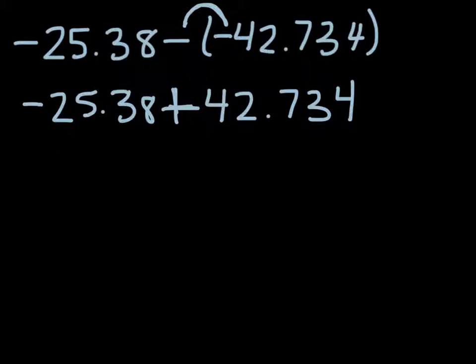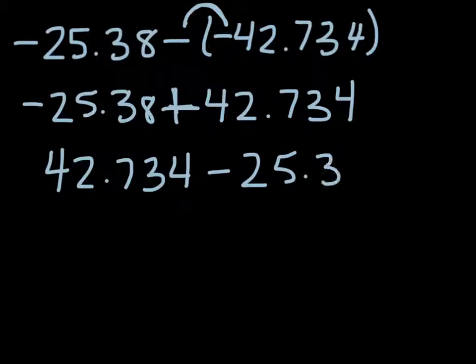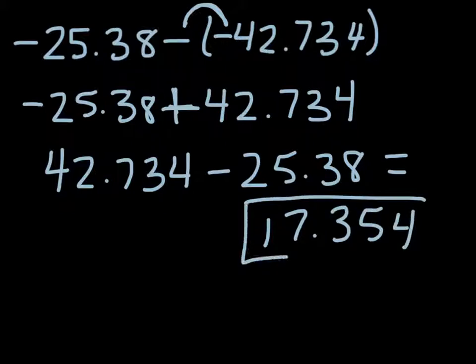Now we use the rule for adding numbers with different signs. So we will subtract 25.38 from 42.734, giving us an answer of 17.354. Hopefully this is fairly straightforward for you.